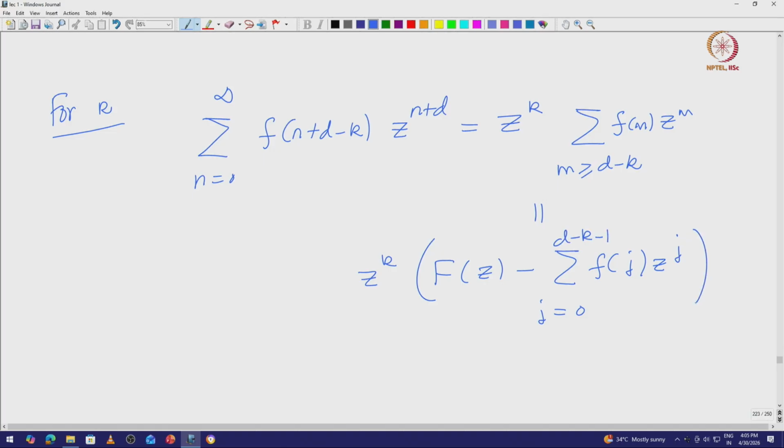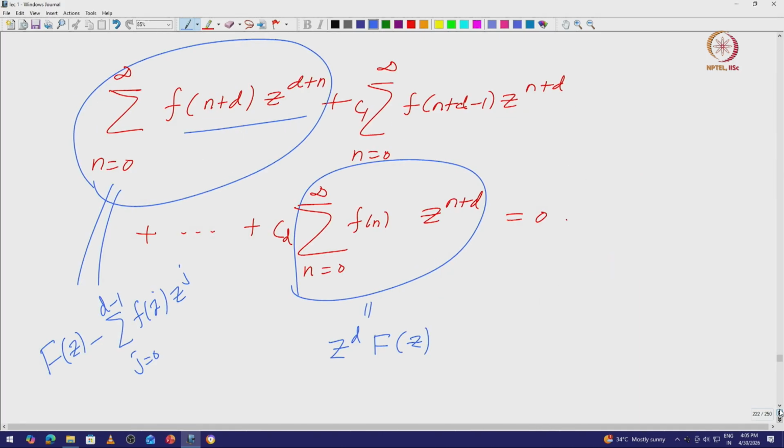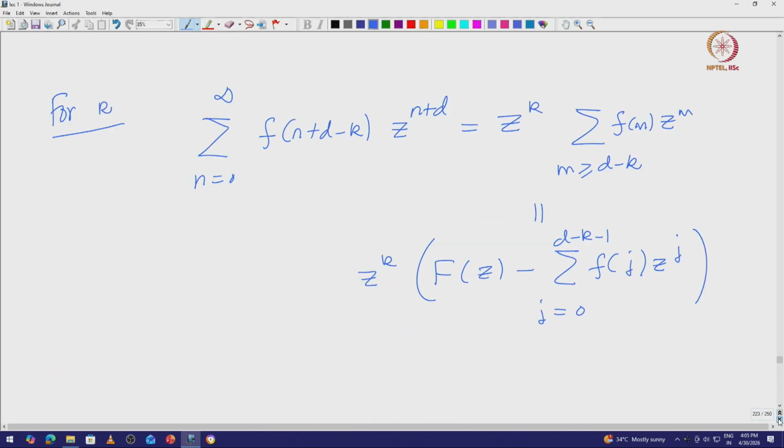Note that k starts with 0 here and goes all the way to d. So, this is going from 0 to d.